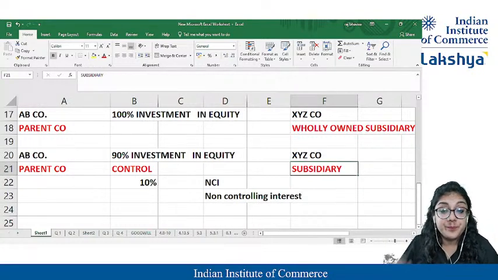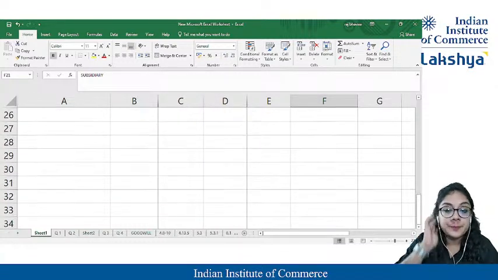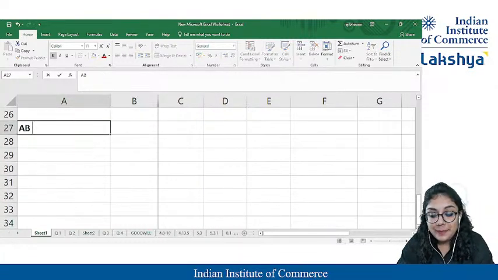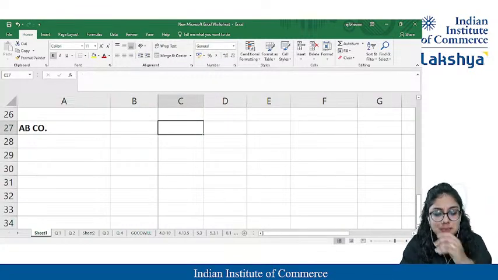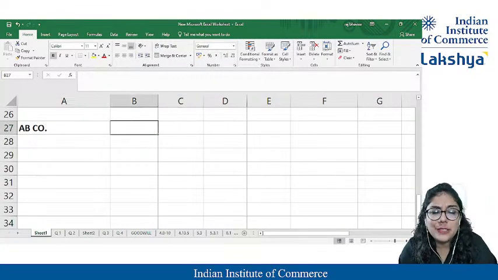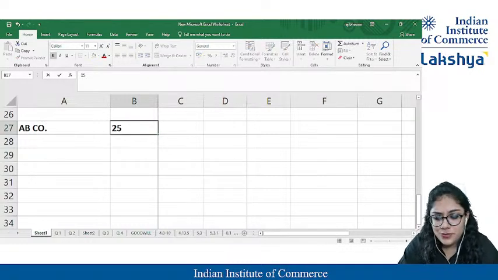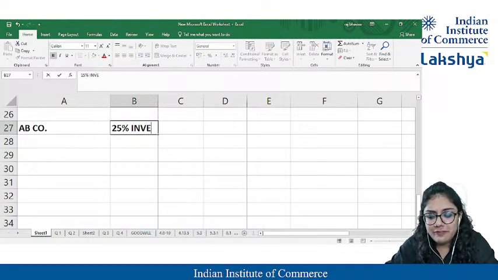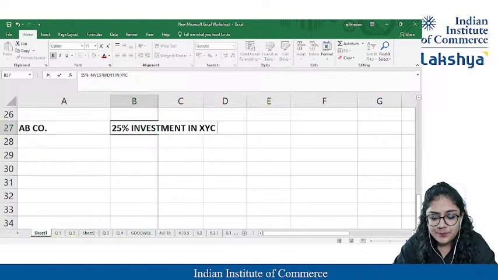For example, suppose AB company has made only, let's say, a 25% investment in XYZ company.